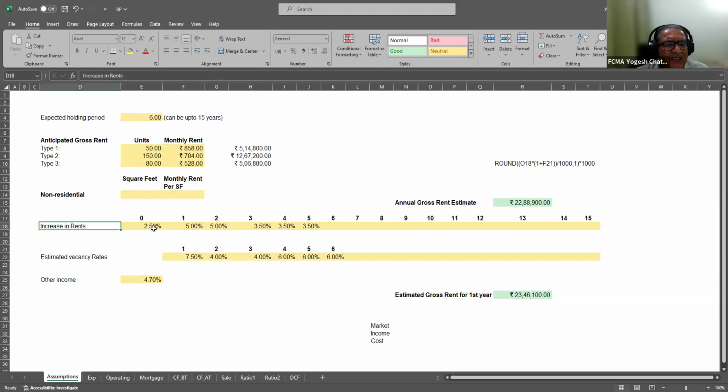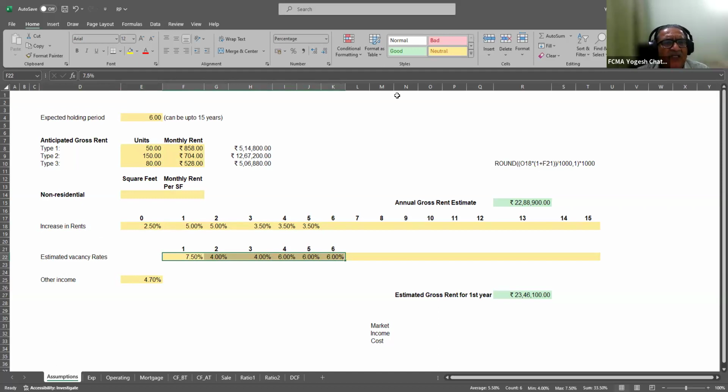And the increase in rent: every year these are the estimated increase in the lease rental. And then this is the estimated vacancy rate. As we all are aware, when we are dealing with this many properties, there will always be a certain vacancy, a certain property will remain unoccupied.